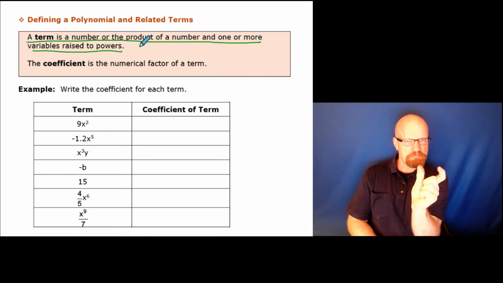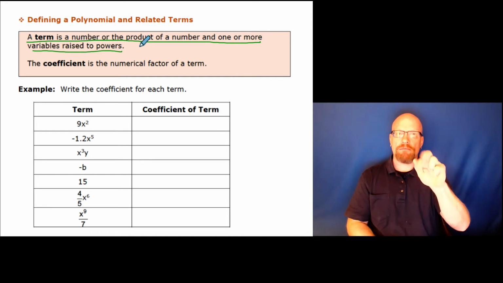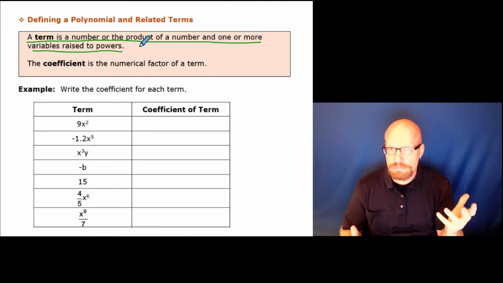It can be a number by itself, it can be a variable by itself, or it can be a number and a variable.